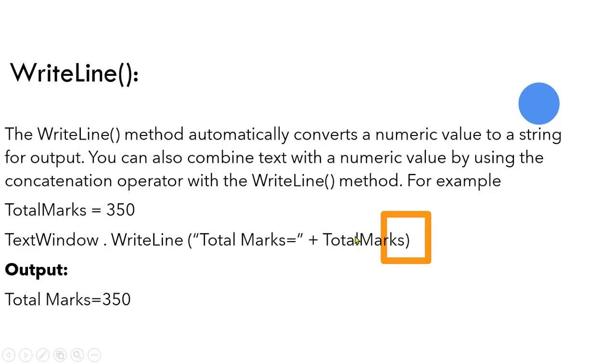This total marks written here is the numeric variable which is written here on the screen. So students, when this Small Basic statement is executed, it results in total marks is equal to 350.